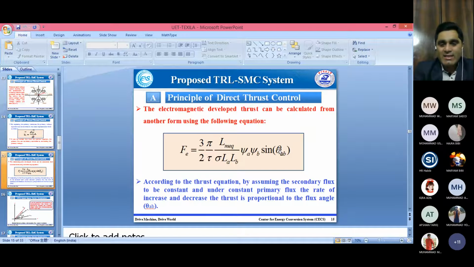Now we can say that the rate of increase and decrease of thrust, because whenever you control the speed, after the speed there is some regulator. You can use a PI regulator, fuzzy logic control, neural network, or slide mode control. After the slide mode control, you directly take it as a thrust, or as the IQ reference current for the rotary induction machine.